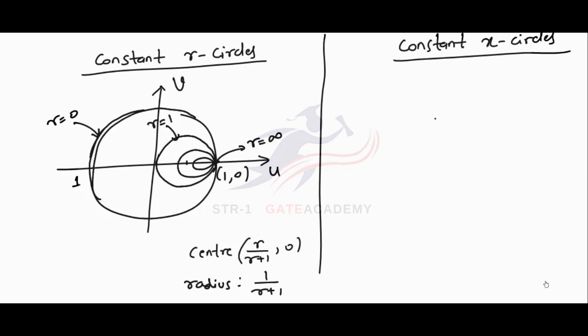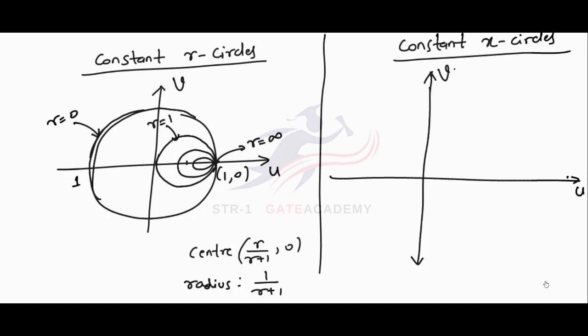Now concentrate on constant x circles. So constant x circles have their center at 1, 1 by x and their radius is 1 by x.